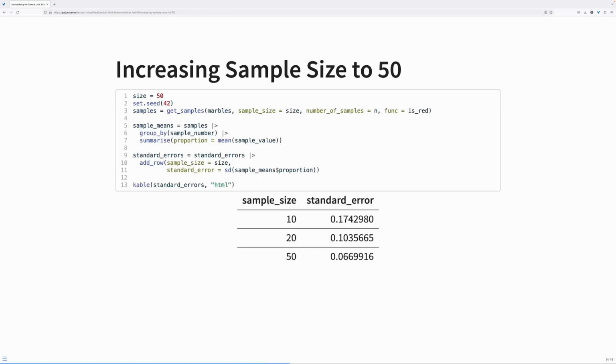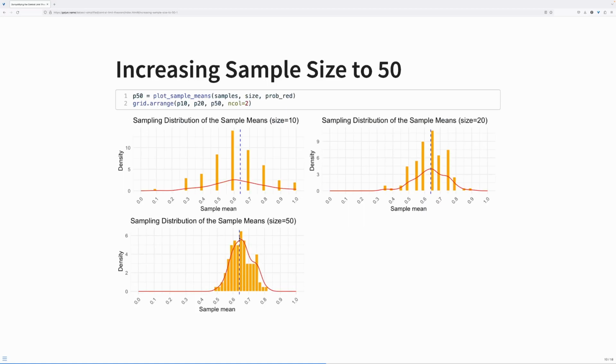With a leap to 50, the standard error shrinks further from 0.1 to 0.07, which is a 30% drop. When we look at the visual, we see a tight cluster between 0.5 and 0.8. So, curious about a sample of 100 marbles? Let's take the plunge.